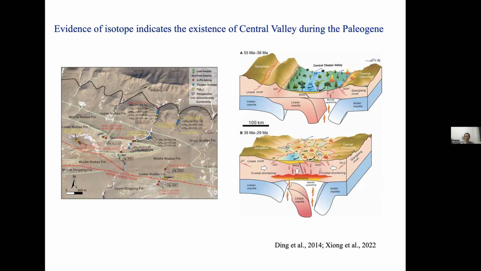They also found the existence of a central valley during the Paleogene. So until now, we can see this complex topography existed in the central Tibetan region, supported by both biotic and abiotic evidence.